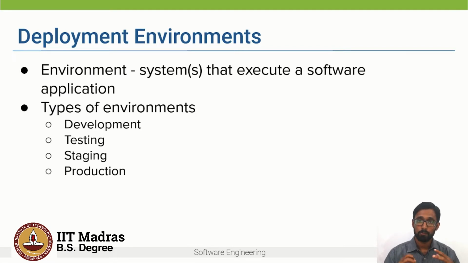Whenever a team develops or writes code, usually these types of environments are available. All need not be available, but at least the development, testing, and production environments are usually available when we build software systems.